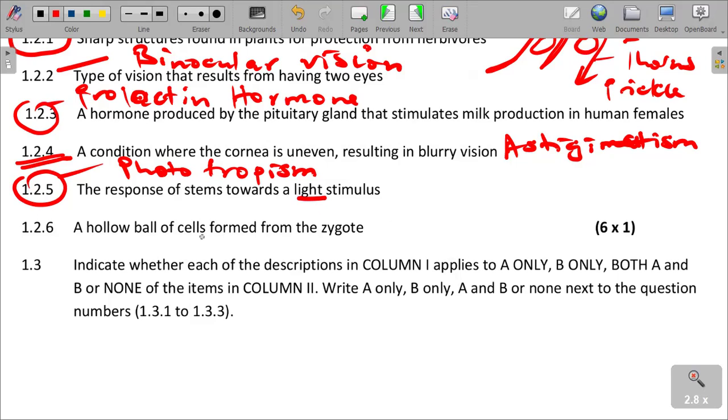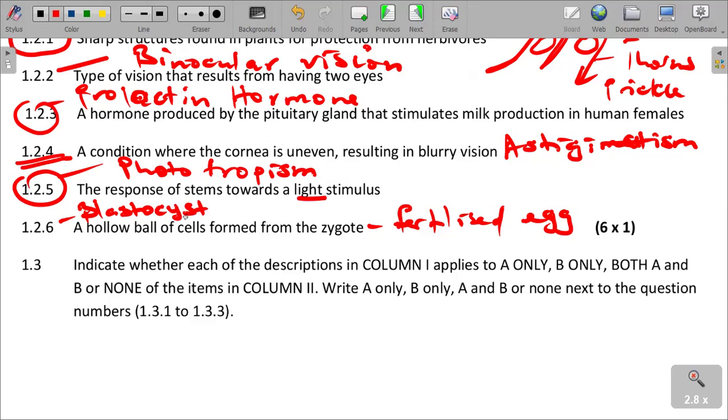A hollow ball of cells formed from the zygote. We said a zygote is just a fertilized egg. That is what we call a zygote. And then when it is a hollow ball of cells, we call that a blastocyst.